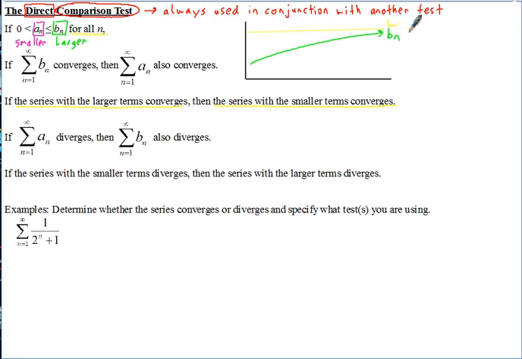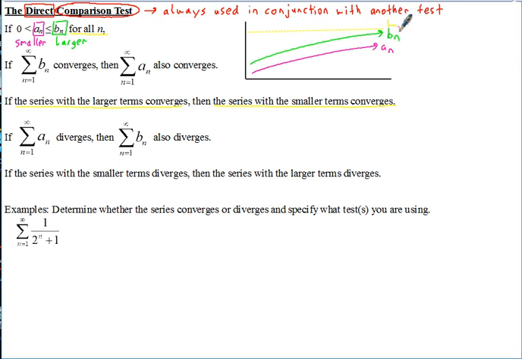So if it converges, that means it's approaching some specific limit, it's not going off to infinity, which would mean it diverges. And then we know a sub n is always smaller than b sub n, right? So if we draw that, a sub n would have to be below, less than or equal to b sub n. So notice what happens.